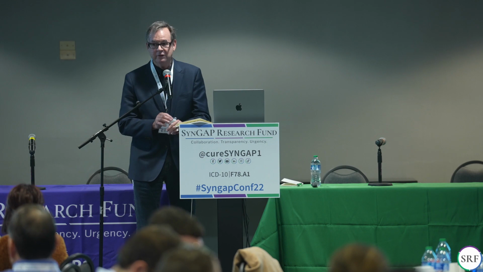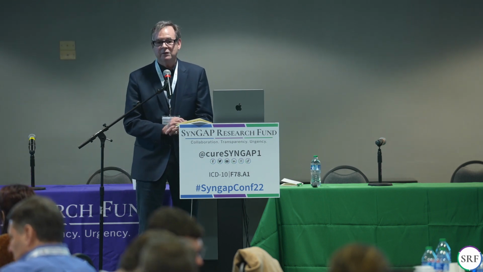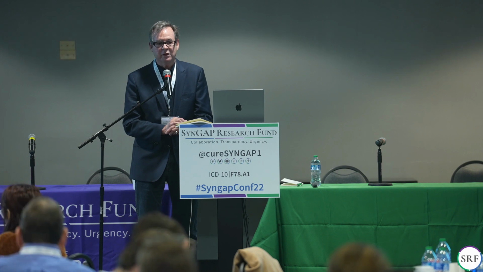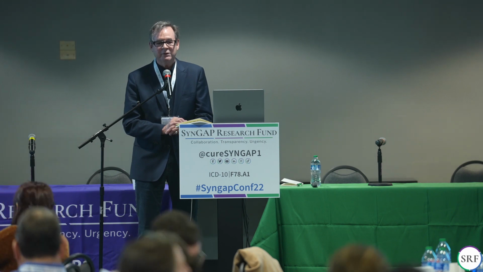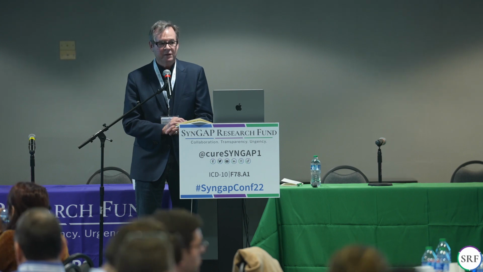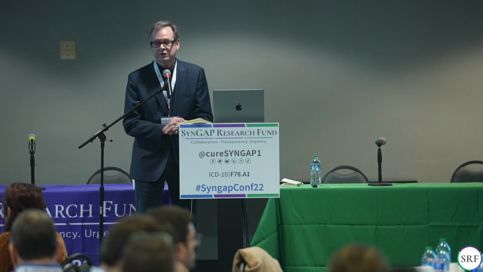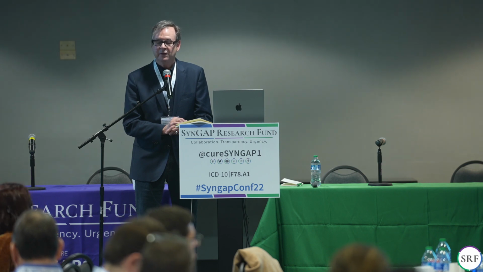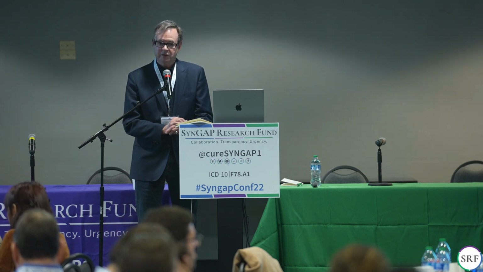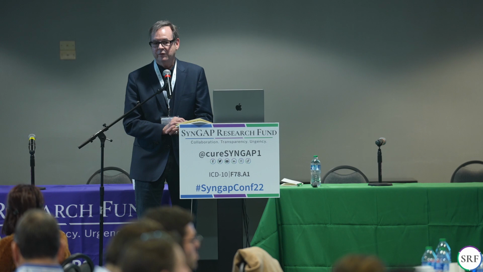I'm a great believer in animal models, including mice and zebrafish and other models. I think with SYNGAP it's particularly important because the mouse mutations actually model children relatively well. They have learning disabilities, they have sleep problems, they have seizures, and so I think they're a fantastic model.